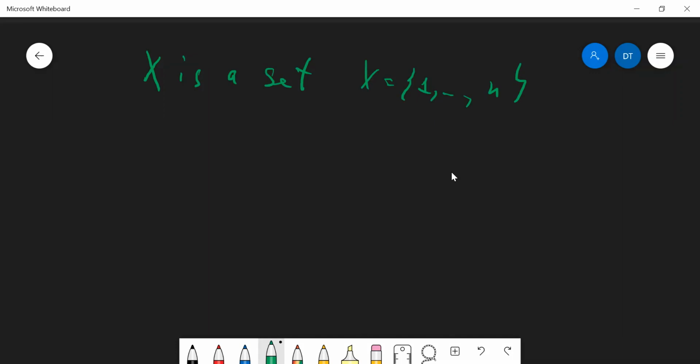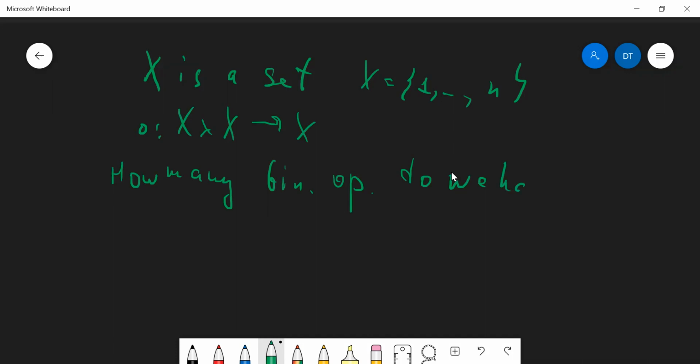A binary operation is a map from X times X to X. So how many binary operations do we have? Maybe n squared, because we need to specify n squared positions. Probably n cubed. Oh, wait. Maybe n choose 2.